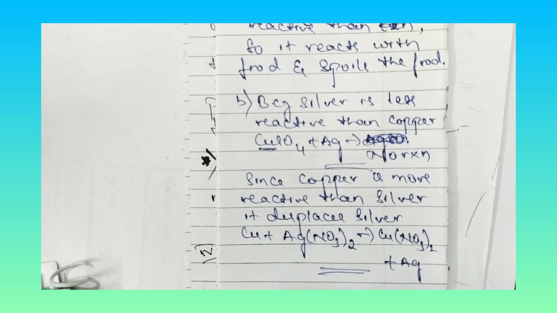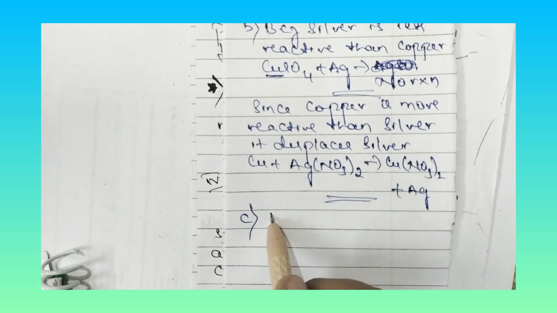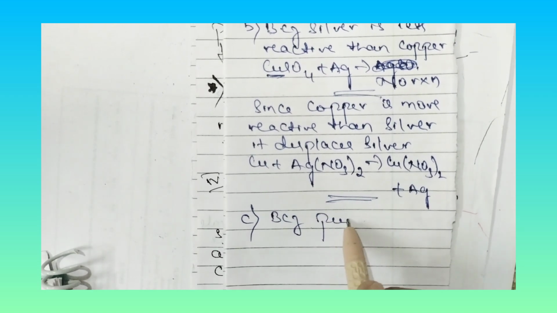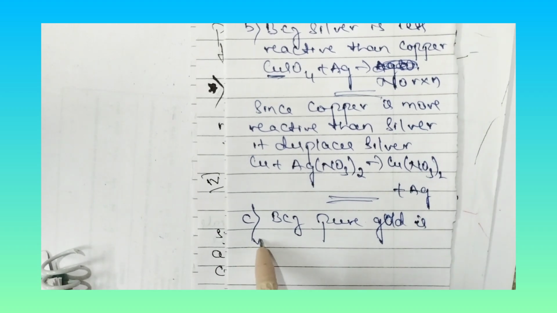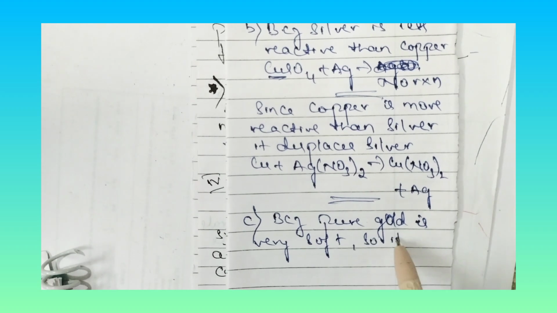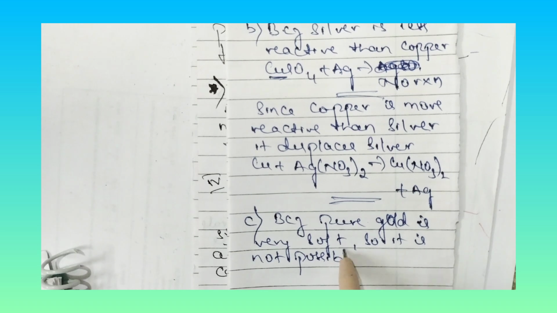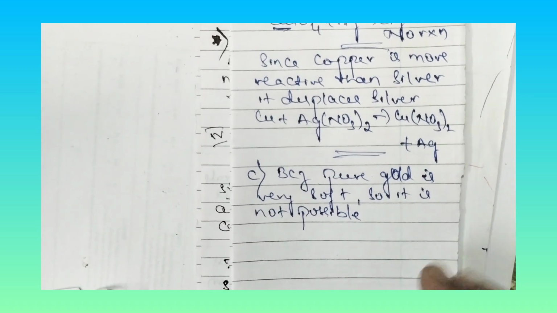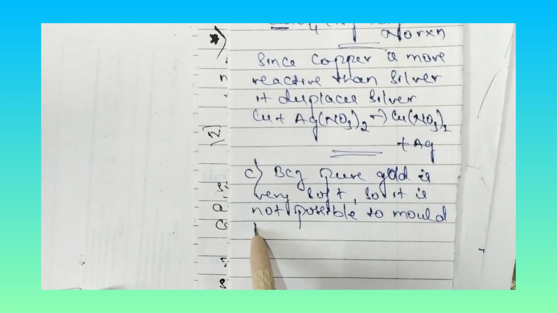In that, only one more question is there, C, that is addition of some copper to pure gold for making ornaments, because pure gold is very soft, so it is not possible to mold to any shape.